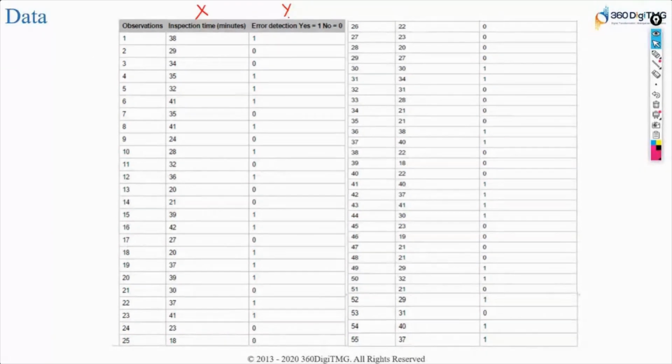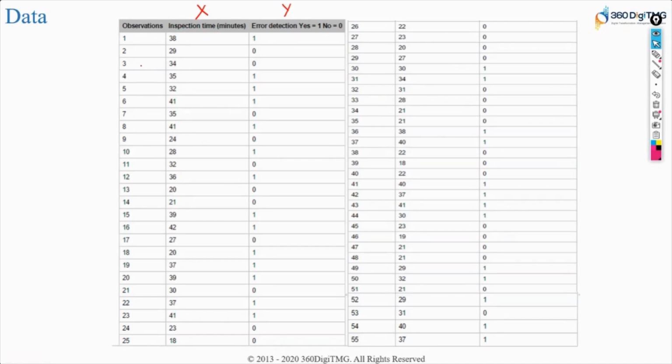The output variable is whether an error is detected or not. If an error exists, it is yes; if not, it is no. 1 means an error is detected, 0 means there is no error. And then you have inspection time in minutes.